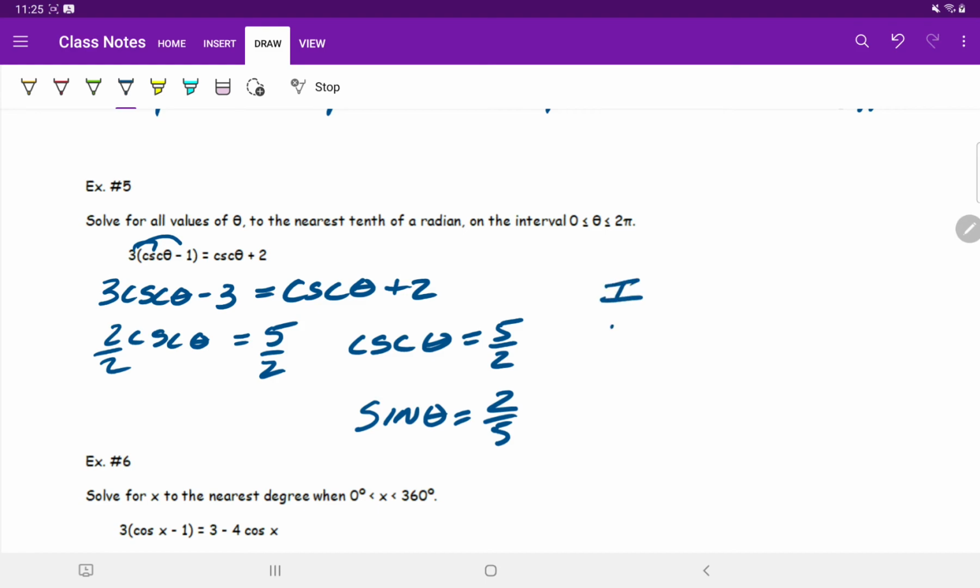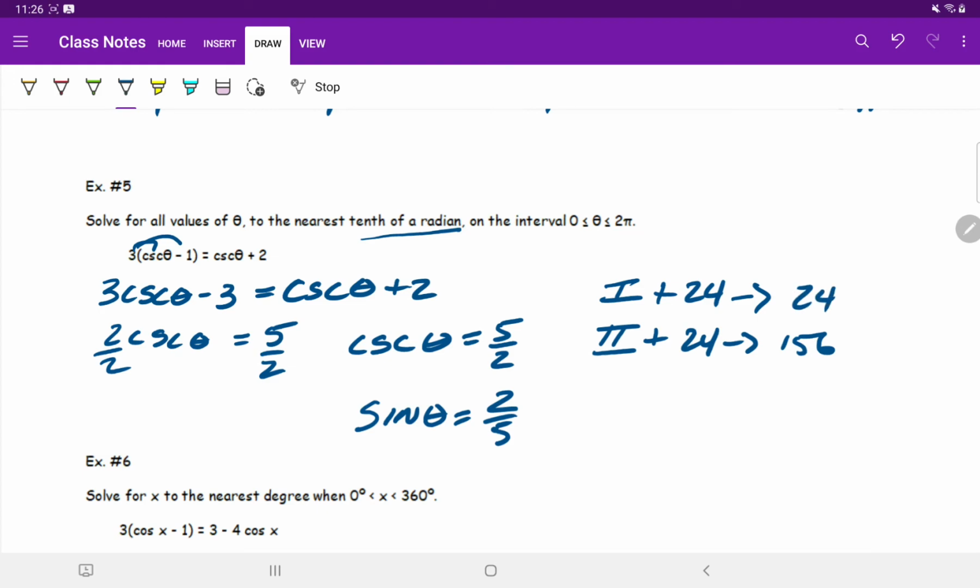That's going to be quadrant 1 and quadrant 2. I know I'm going to want this in terms of nearest tenth of a radian, but let's get the angle here. This is positive and positive. We know it's going to be 24, and that means it's going to be 156.